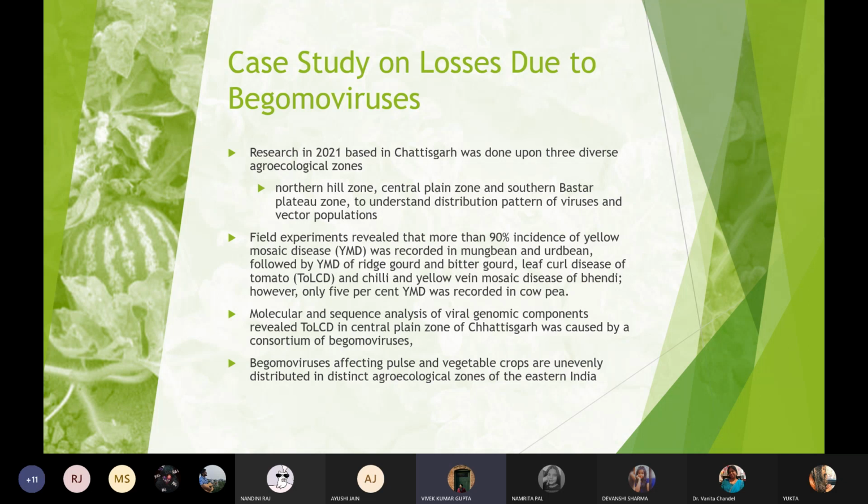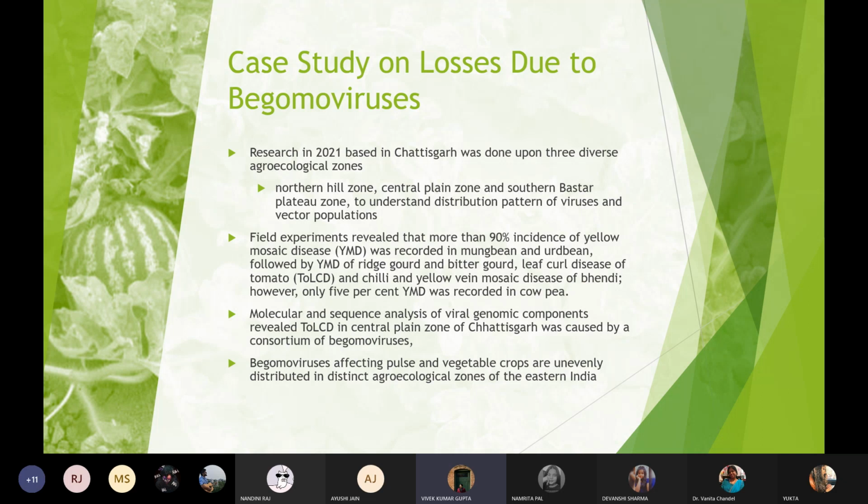Now, there was another case study done recently in 2021 on the losses due to Begomoviruses. This research was based in Chhattisgarh and was done upon three diverse agroclimatic zones. Intense cultivation, climate change, and host-pathogen dynamics interactions had led to the emergence of viral diseases and vector populations, thereby causing significant economic losses.